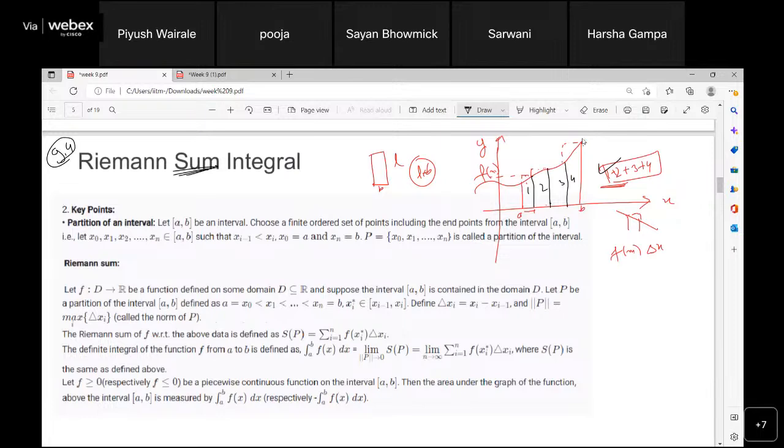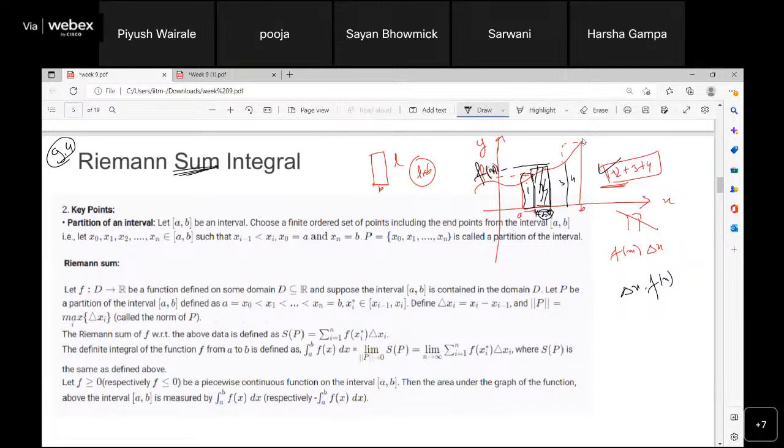But how to find the area of each particular segment? Here you can see this is my rectangle 1, this is my rectangle 2. Now what is the area of a rectangle? Length into breadth. This is my small delta x, basically the interval, and this particular height will be my f of x. So if I multiply delta x into f of x, I will get the area of this particular interval.